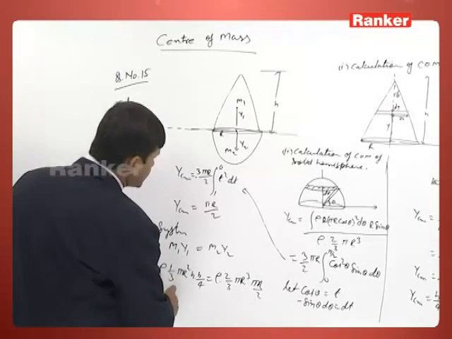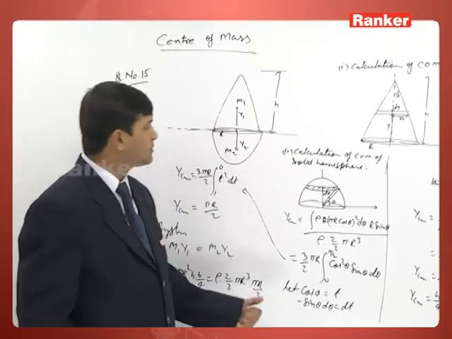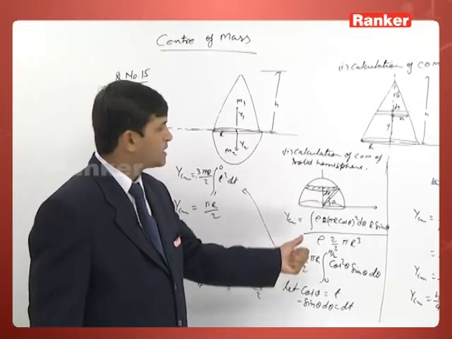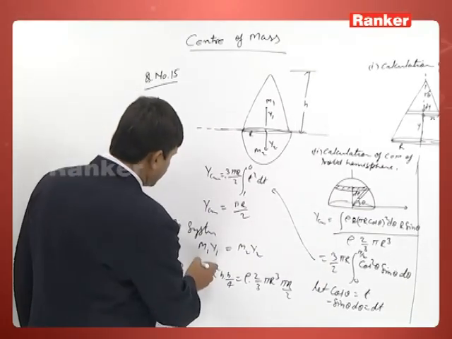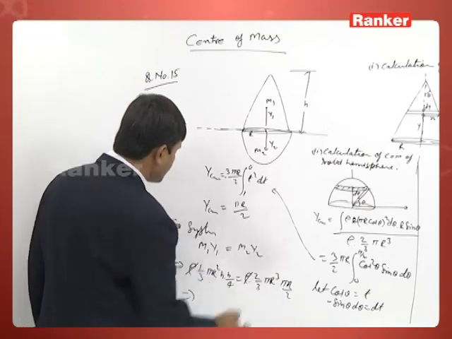Now we can simplify. After simplifying, you will get the result here, and that is equal to root 3 by r. Check it. Rho and rho cancel.